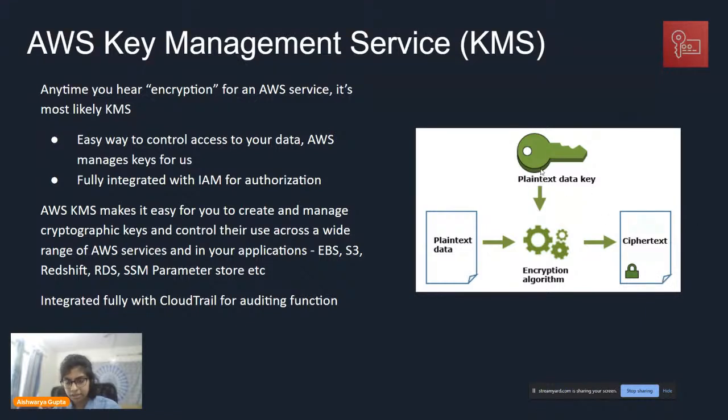Since this key is used to encrypt the data, it's called a data key. Now what if I want to encrypt this key as well? When I encrypt this key, it becomes an encrypted key, and it is also stored with that data. The key used to encrypt the data key is called a customer master key, that is, a CMK.